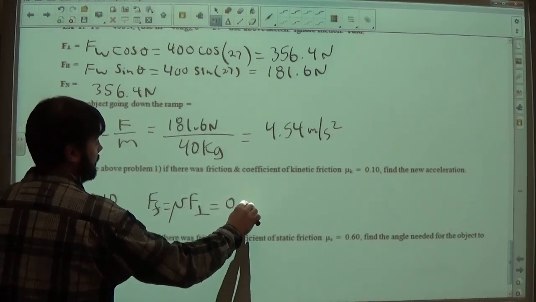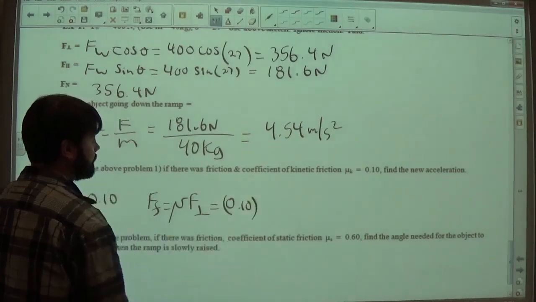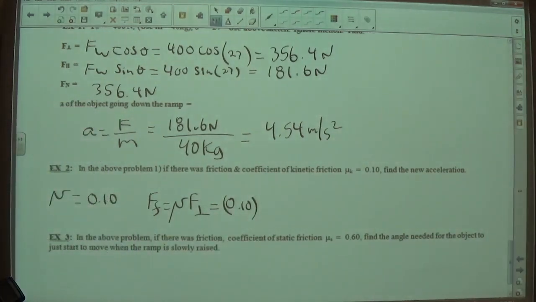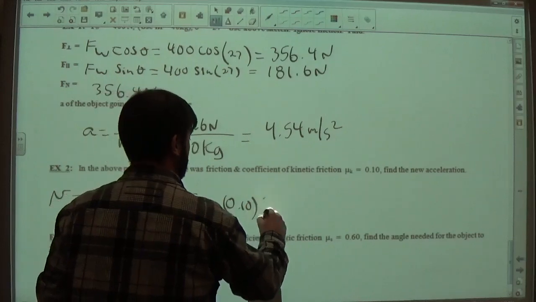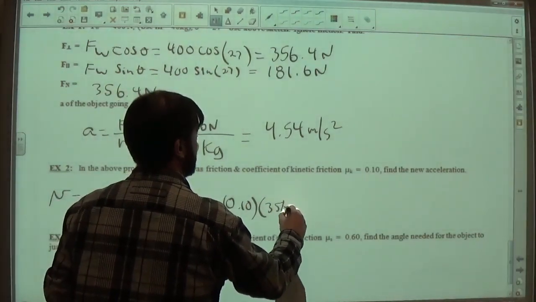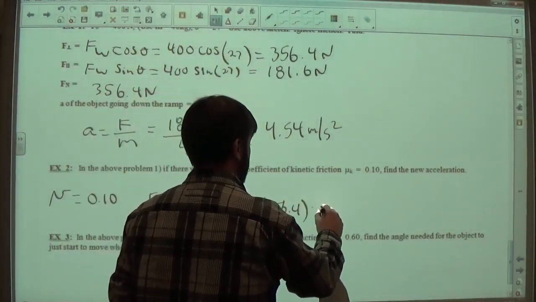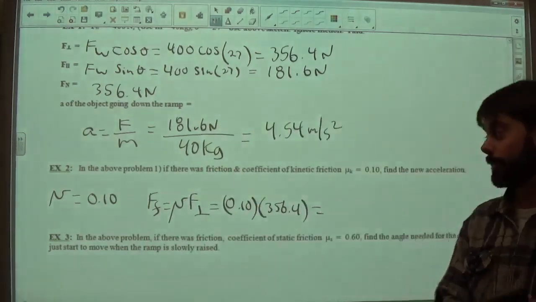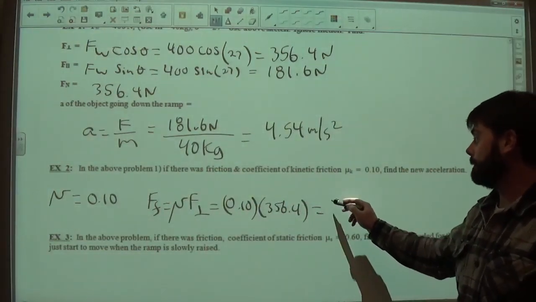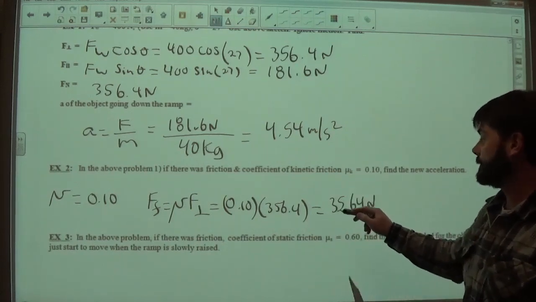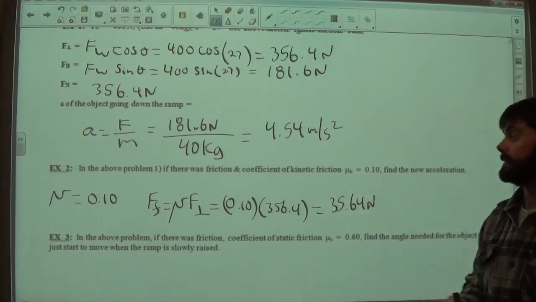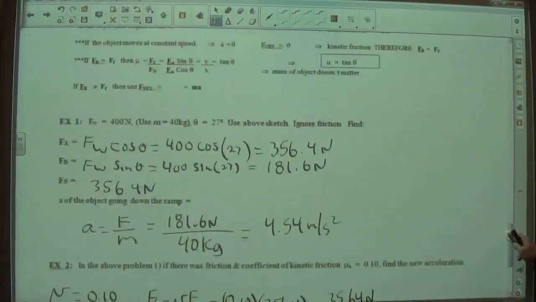So I have 0.10, which is a very low coefficient of friction, multiplied by the force perpendicular here, which is the 356.4 newtons. If I multiply that by 0.1, this gives me 35.64 newtons. And this is a frictional force, so in essence this is going up the ramp.